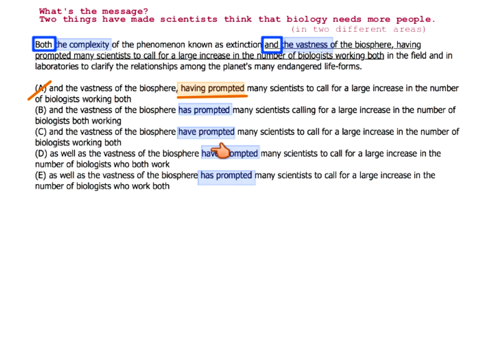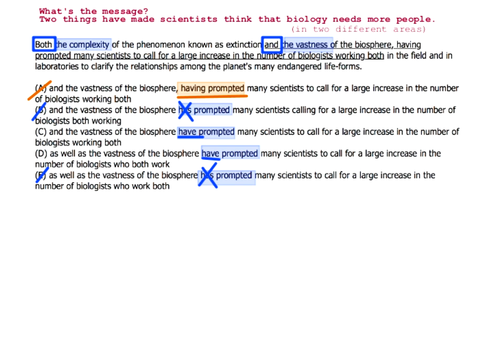And then as far as has or have prompted, well, it's 2 things. The complexity of this phenomenon and the vastness of the biosphere. Those are 2 things. So we want a plural verb, not has. So we want have. And again, this is the importance of step 1. You don't need to go back and figure out what the subject is.